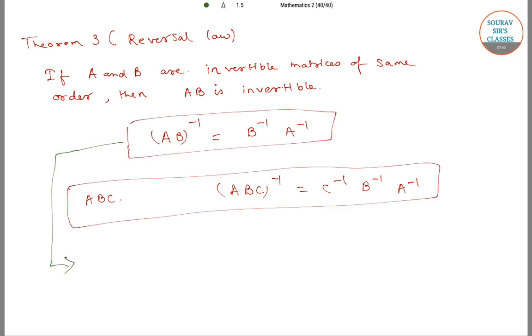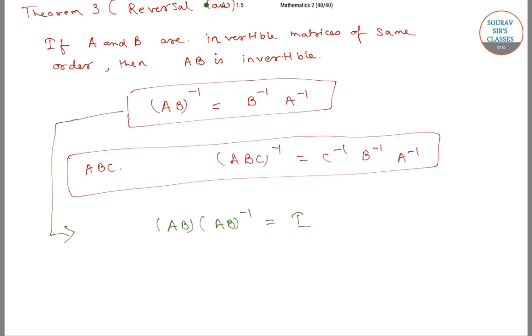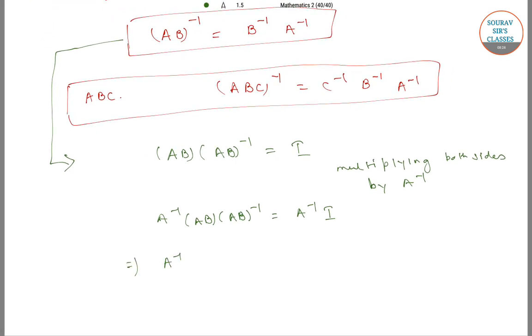Now let us prove it. According to the definition of the inverse of a matrix, we have AB into (AB) inverse = I. Now multiplying both sides by A inverse, we get A inverse into AB into (AB) inverse = A inverse into I. Now this implies A inverse into A into B into (AB) inverse = A inverse.